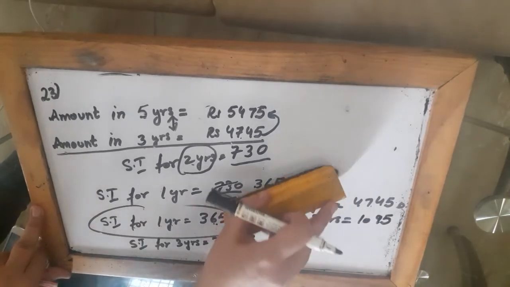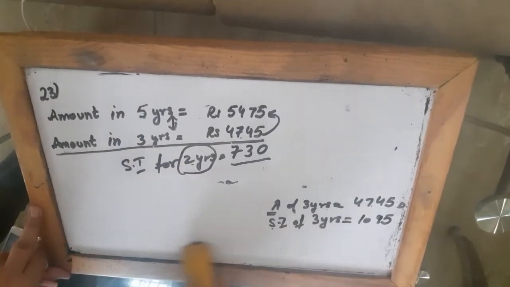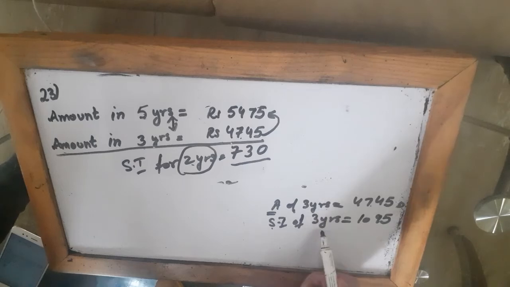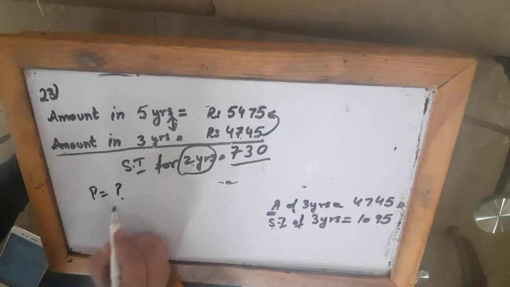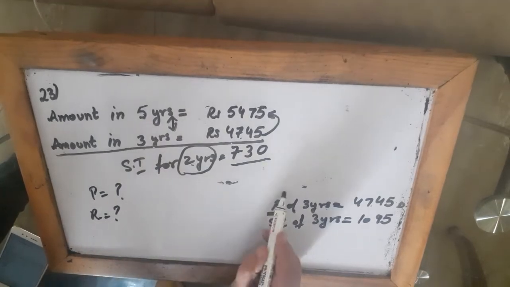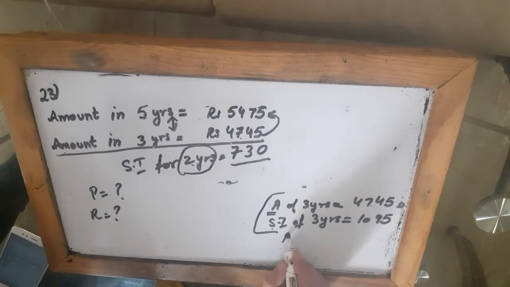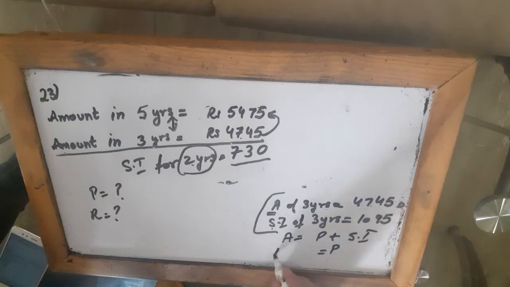Okay, so I got both things for 3 years, amount and simple interest, and the question was to find the principal and the rate of interest. Now I have the amount and simple interest. I can find the principal using the formula: amount is equal to principal plus simple interest. So principal I have to find, it means amount minus simple interest.